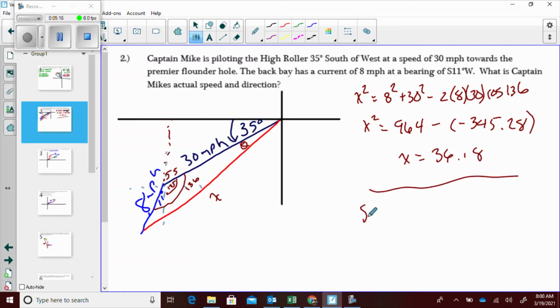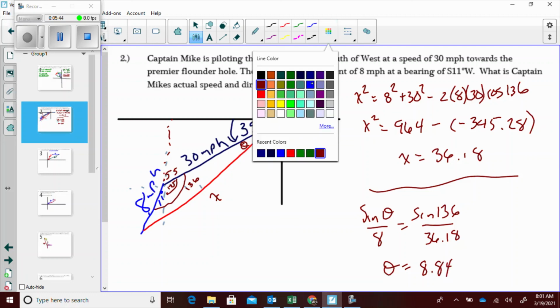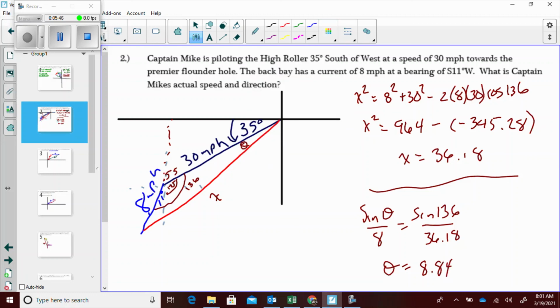So to get theta, sine of theta over 8 is sine of 136 over 36.18. So take sine of 136, divide that by 36.18, times it by 8, inverse sine, 8.84. So that leaves us with, this is 8.84.